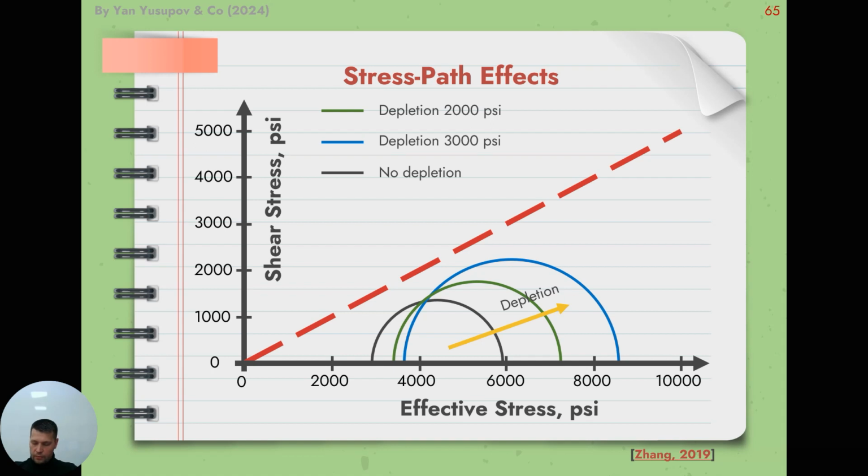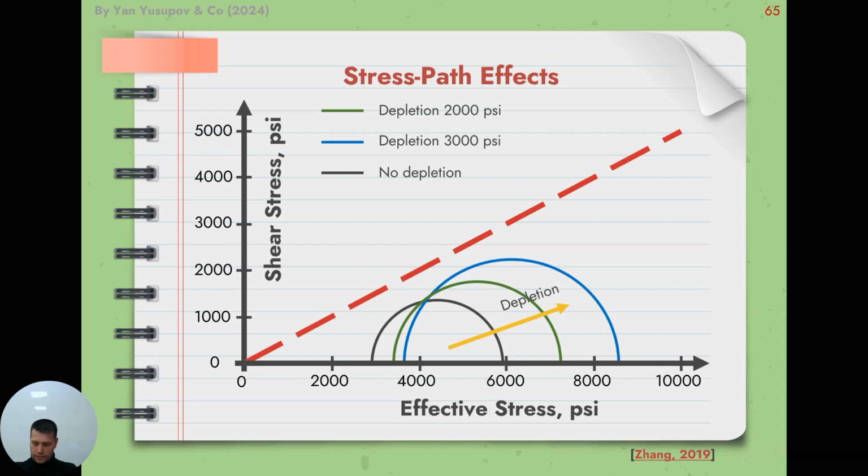The figure presents the Mohr circle and the relationship of the minimum effective horizontal stress, effective vertical stress, shear stress, and the failure envelope for different degrees of depletion. If the Mohr circle touches the Mohr-Coulomb criterion, then slip on optimally oriented fractures will occur.